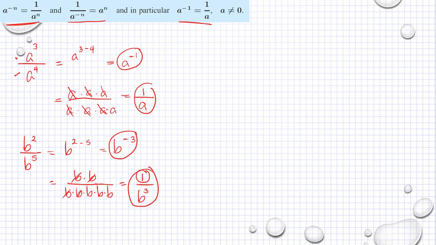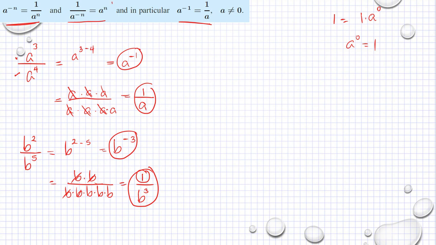What happens if we have a negative exponent in the denominator? For example, 1 can be written as a raised to 0, because a raised to 0 is equal to 1. So we can write 1 is equal to a raised to 0.